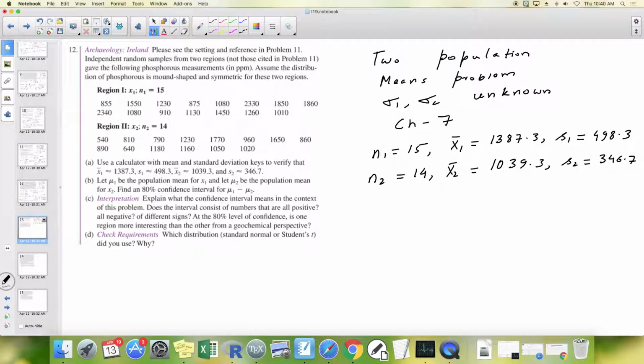So it's a confidence interval problem. That means first, what's the point estimate? So point estimate of mu1 minus mu2 is x1 bar minus x2 bar.